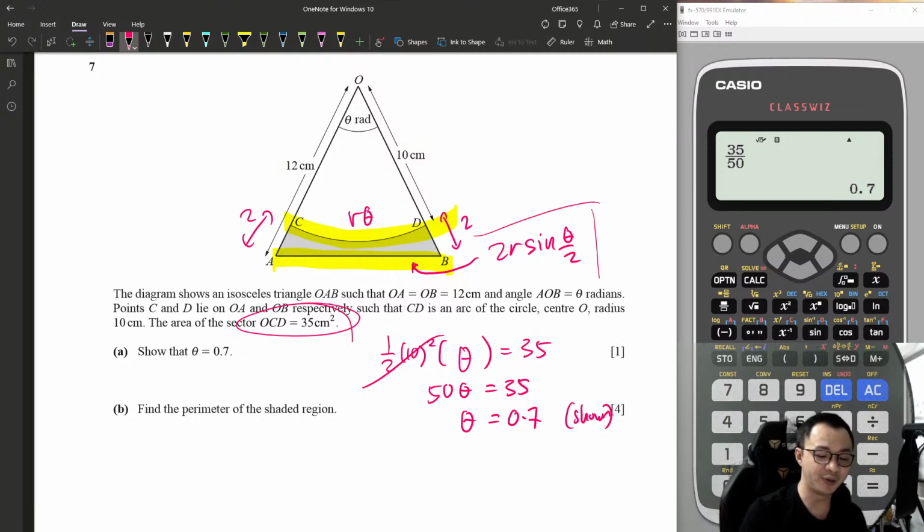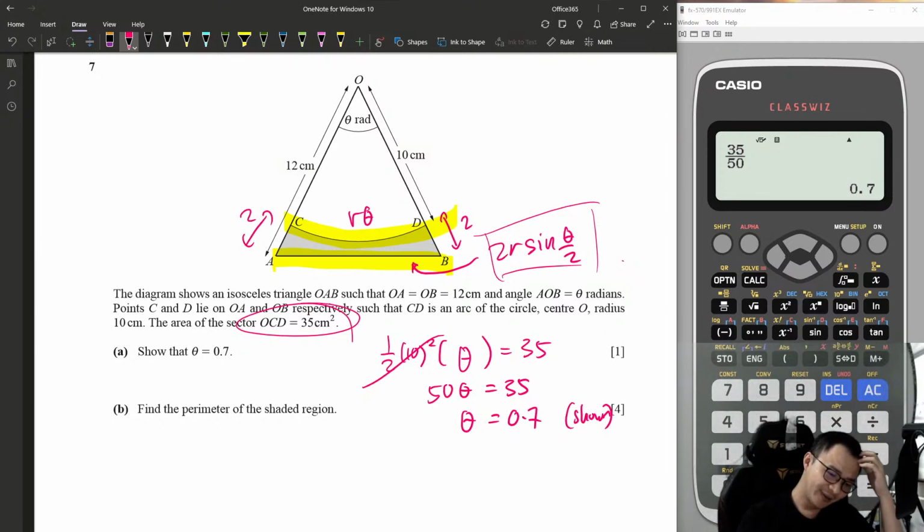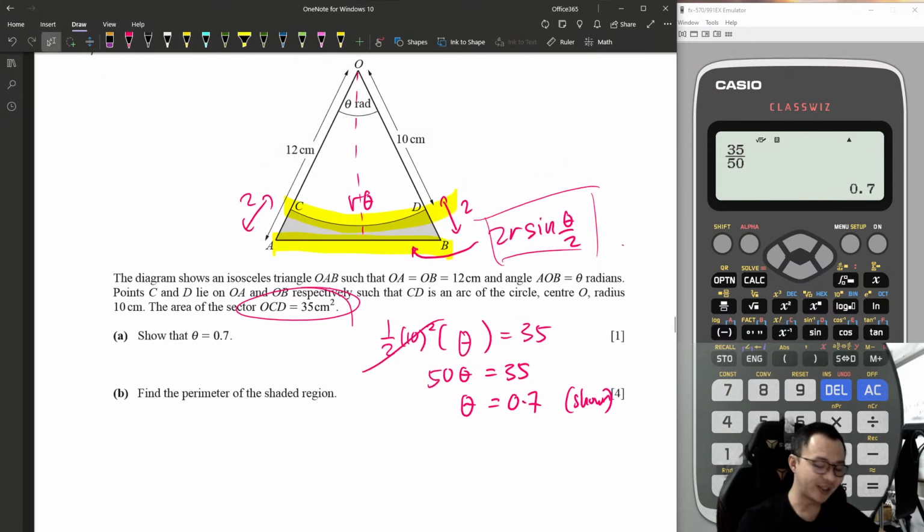Can we use it in this case? Yes, but our r will be 12 if you want to use that. Then use this formula, must be very careful. Or you can just break it into a right angle triangle.